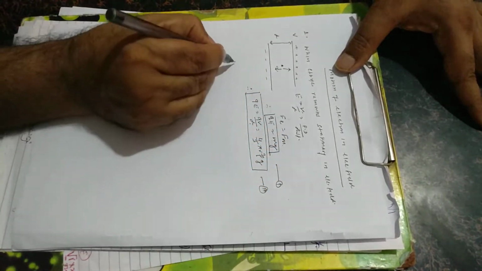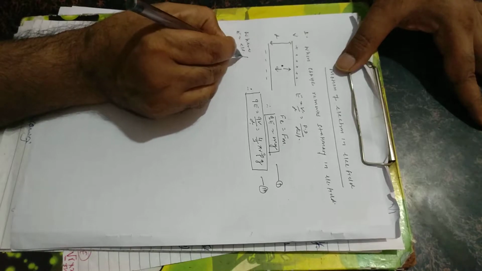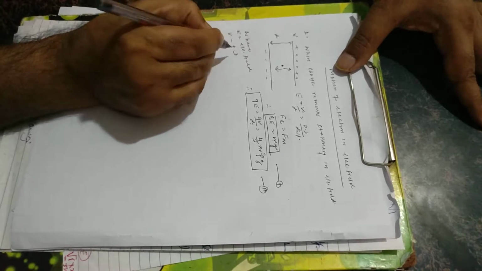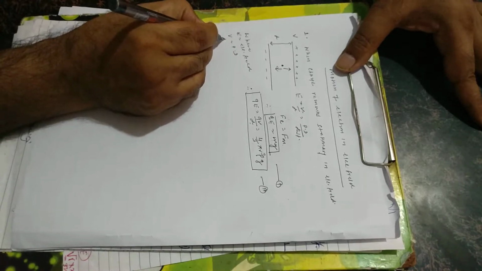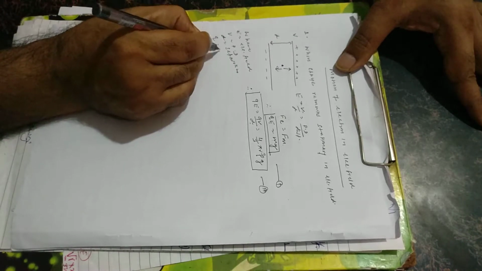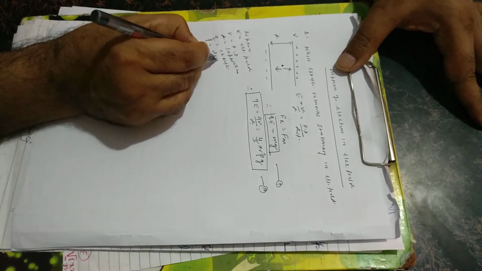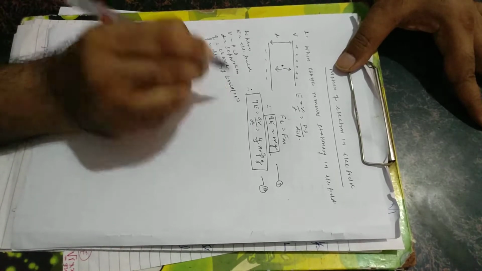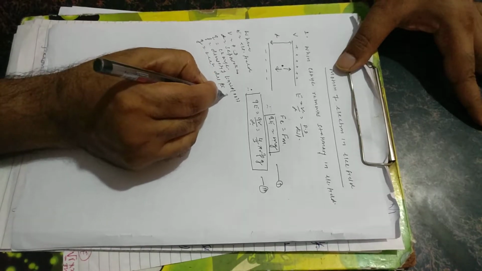E equal to electric field, V equal to potential difference maintained, established across the parallel plate capacitor, d equal to separation or distance, q equal to charge, rho equal to density of liquid or oil, g equal to acceleration due to gravity.